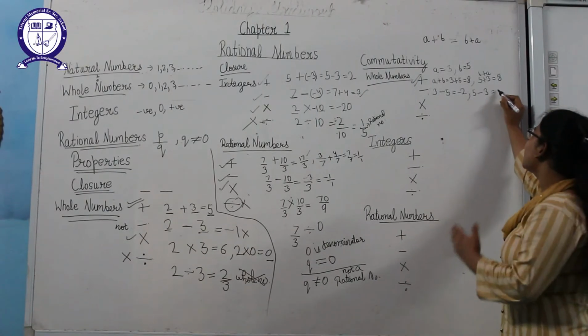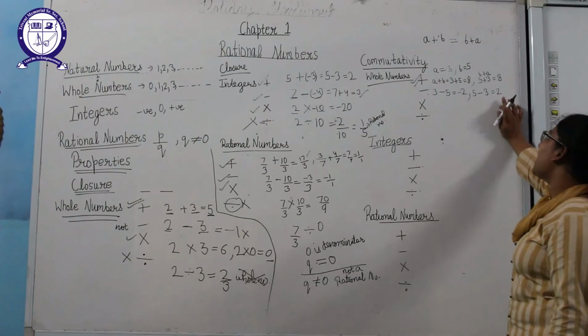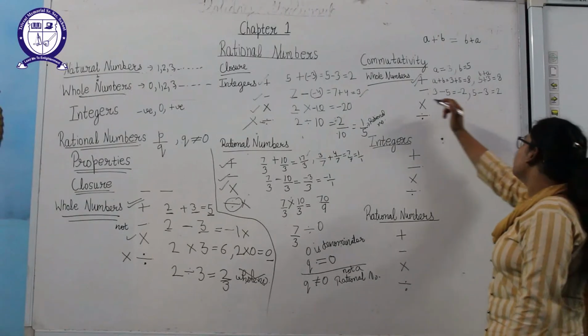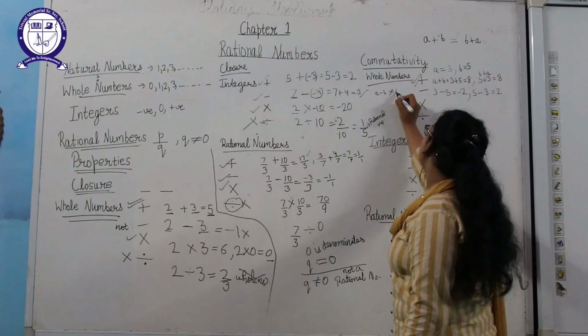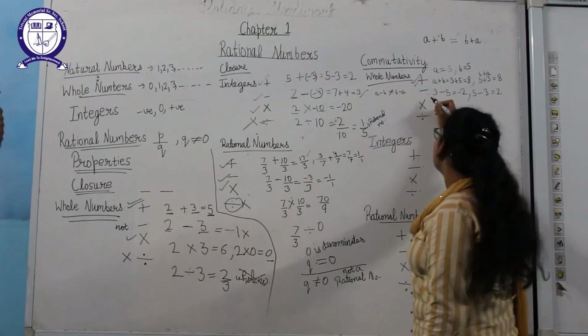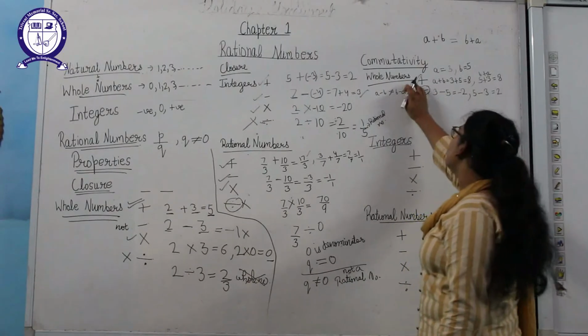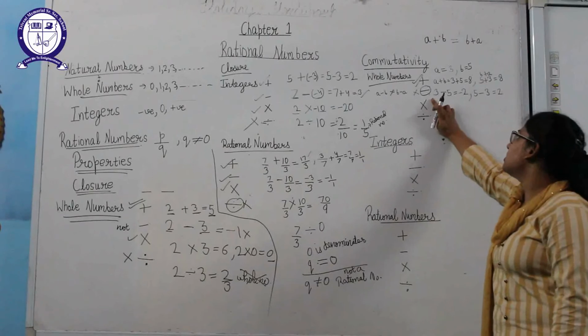What we are getting? We are getting 2. Are 2 and minus 2 equal? No. It means here A minus B is not equal to B minus A. So we can say that whole numbers are not commutative under the operation subtraction.